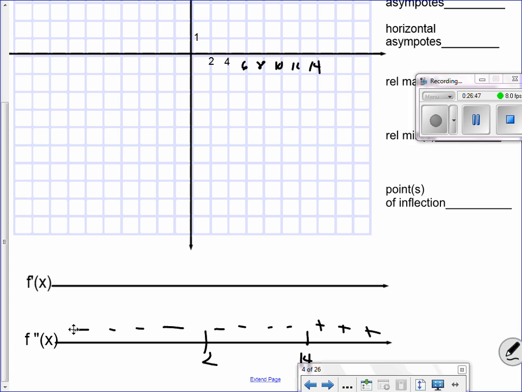And the first derivative sign chart, can you remind me how that went? What were the values? 2 and 10. Okay, you said it was negative, positive, negative?